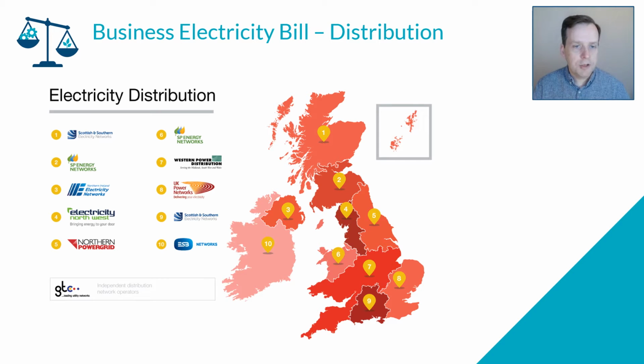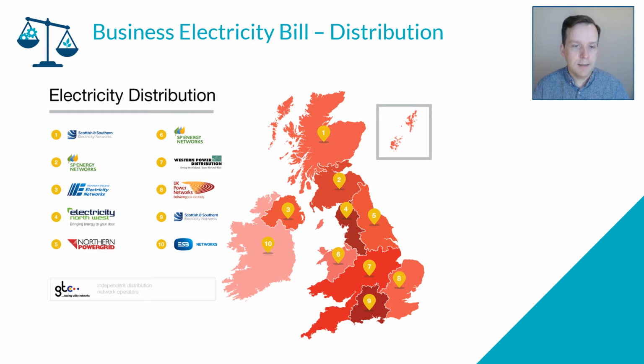For example, number 5 here, which is my local one, Northern Powergrid, is made up of two DNO regions. One was old Yorkshire and the other one was Northern, or Northumbria here. Number 7 is Western Power, which is made up of at least three, possibly four old ones: Eastern, Midlands and Southern.